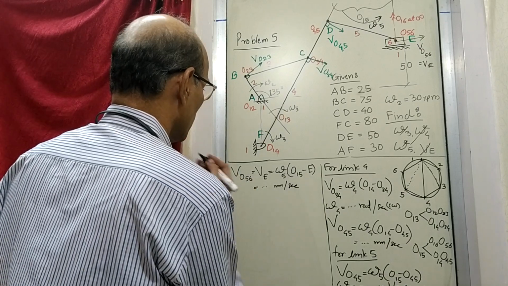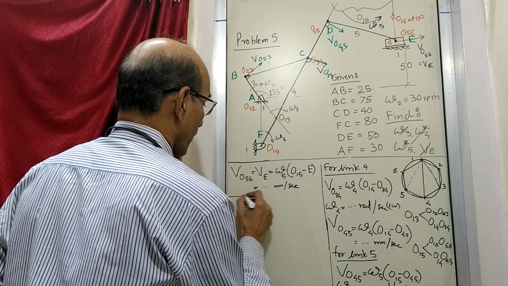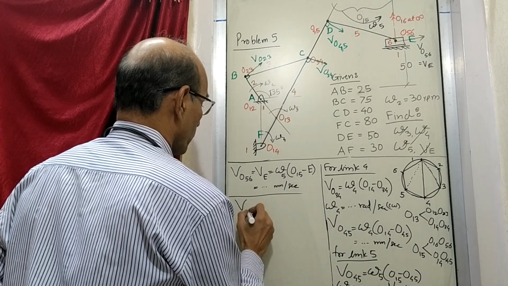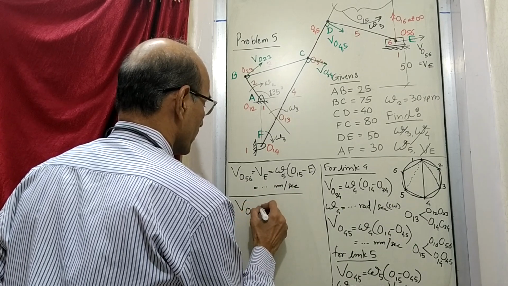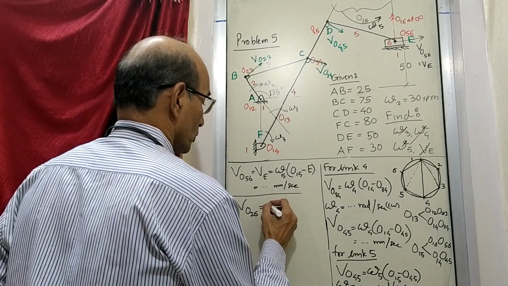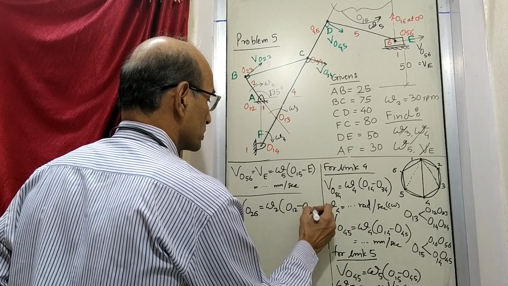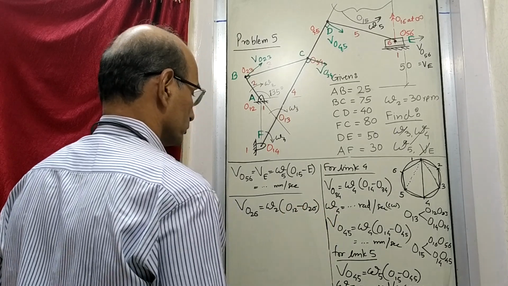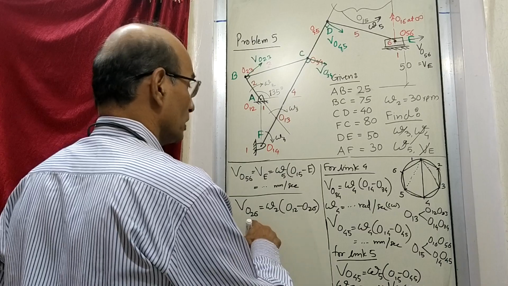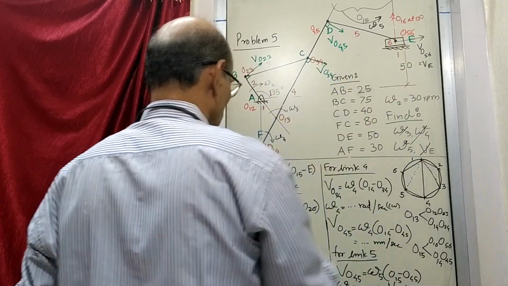So I'll write here the velocity of point 2,6, if it is on link 2. So it is equal to omega 2 times the distance from 1,2 to 2,6. So this will be the velocity of point 2,6. Whether it is on 2 or whether it is on 6, it is going to remain the same.